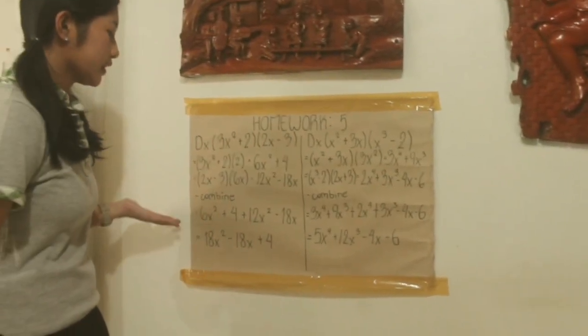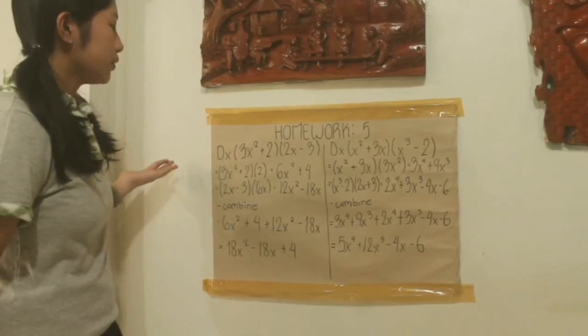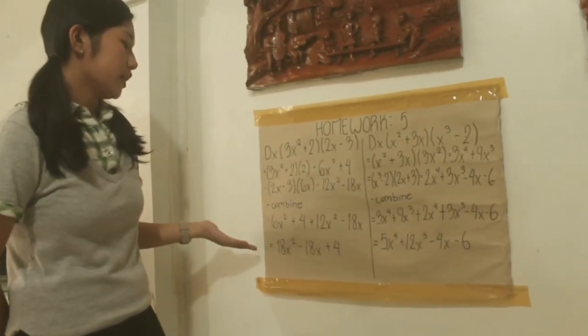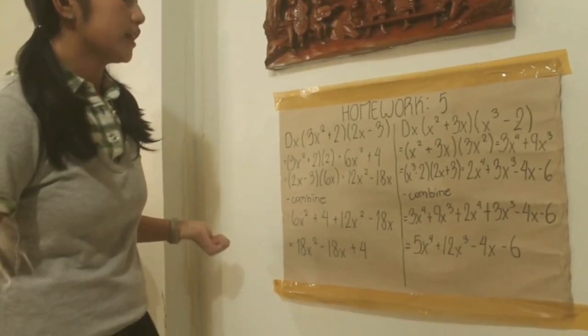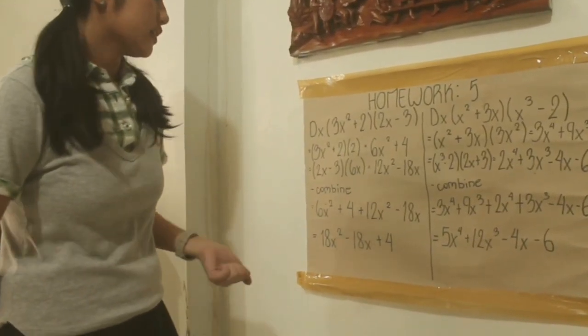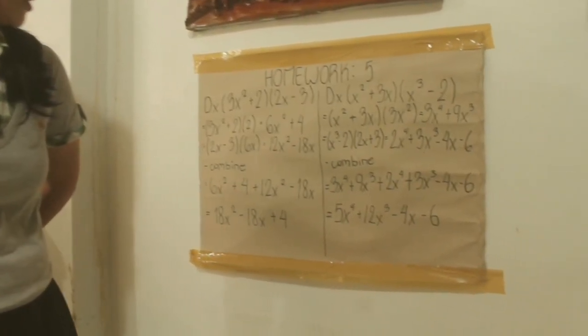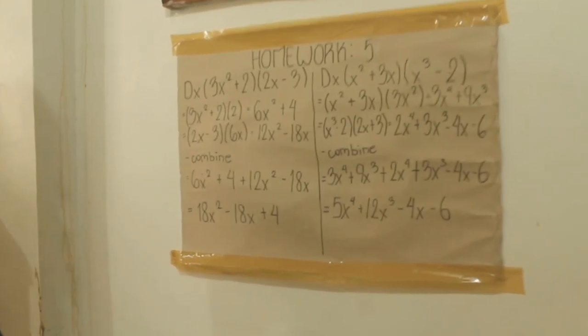And the answer would be 12x squared minus 18x. So after that, we need to combine all the like terms. So here we have 6x squared plus 4 plus 12x squared minus 18x. And the answer to that is 18x squared minus 18x plus 4.